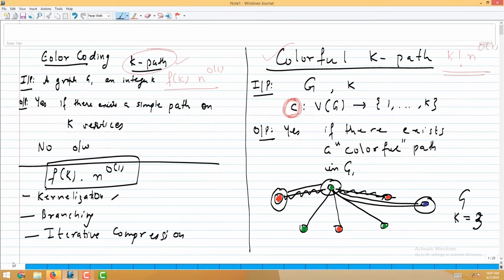If it outputs yes, I output yes and I stop. If it outputs no, I repeat it. Compute a new coloring uniformly at random, again run it. If it says yes, fine. I do this e power k times. Okay. What is the probability that the algorithm would have said no in all the iterations?